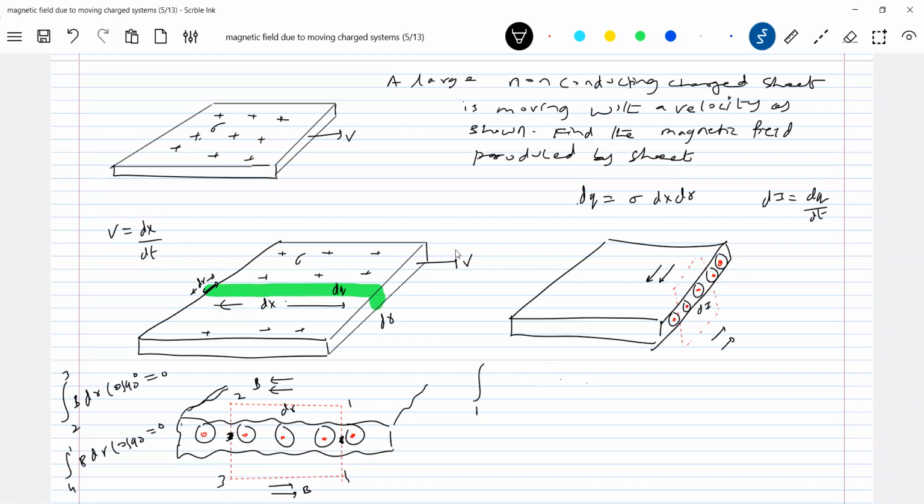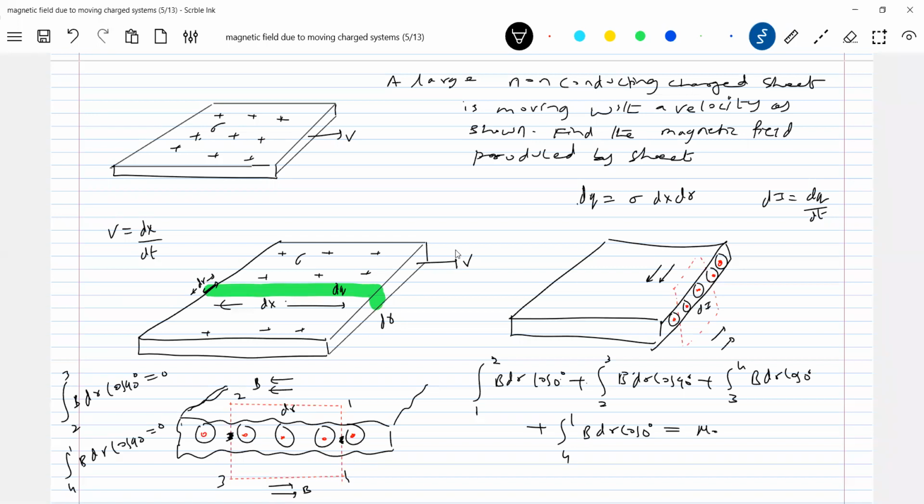So you break up everything: 1-2 B dr cos 0 degrees, 2-3 cos 90, 3-4 B dr cos 0, 4-1 B dr cos 0 is equal to the net current enclosed.